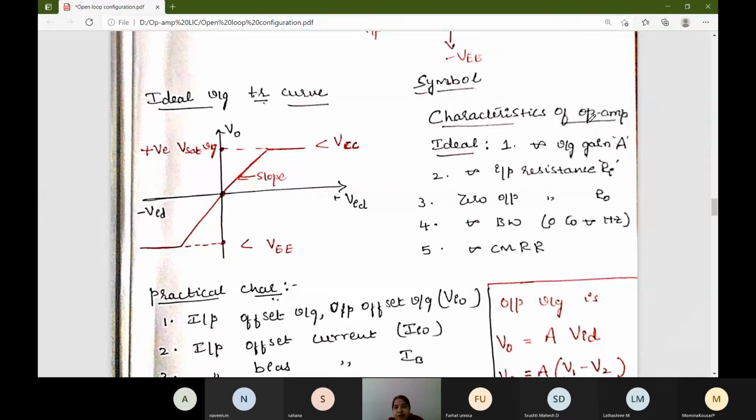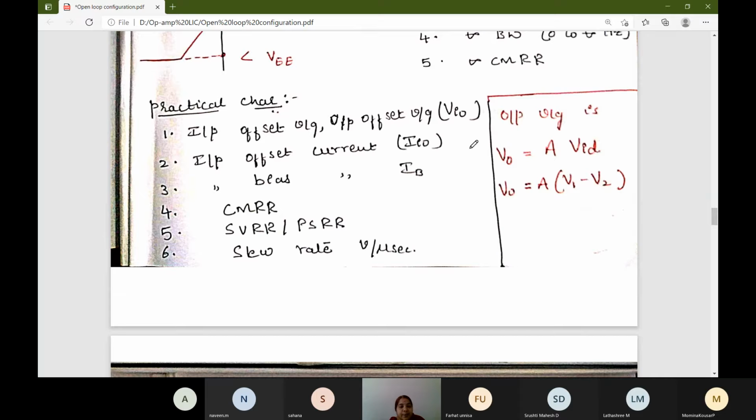Next we saw some characteristics of op-amp. Ideal characteristics are infinite voltage gain, infinite input resistance, infinite bandwidth and infinite CMRR, and zero output resistance. These are the ideal characteristics of op-amp. And practically, when we use op-amp, we have input offset voltage, output offset voltage, input offset current, bias current, CMRR, which is common mode rejection ratio, power supply rejection ratio, and slew rate. You have to know the definitions of all these, with figures.